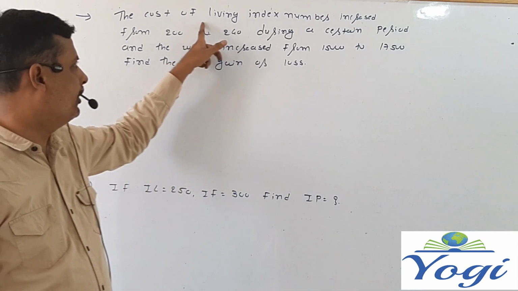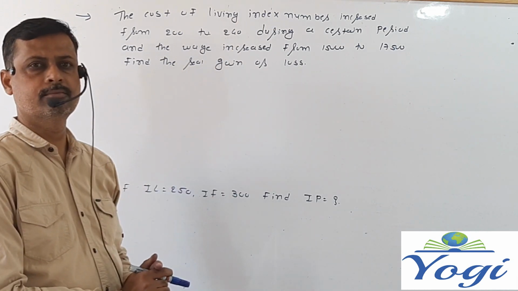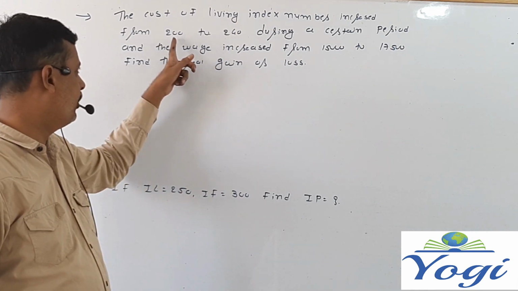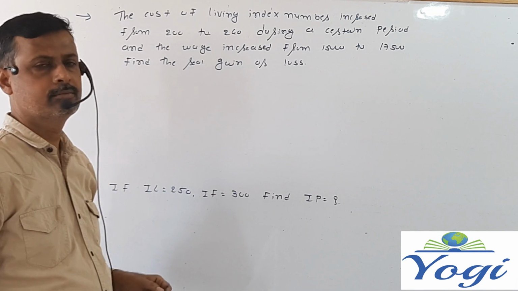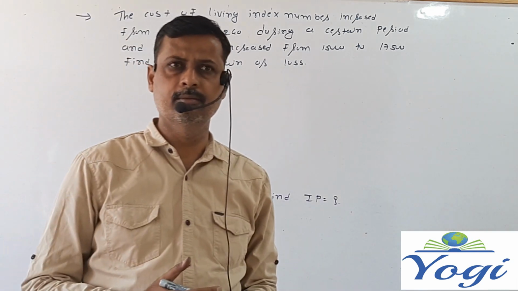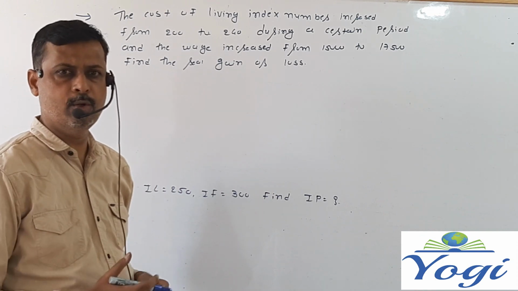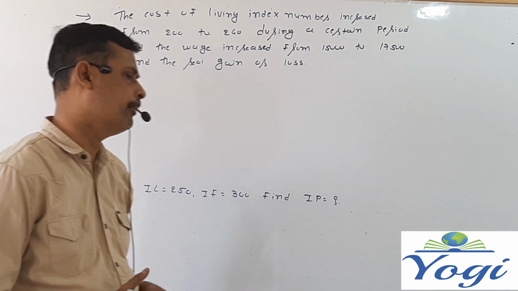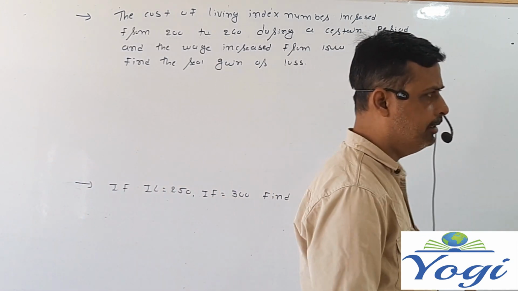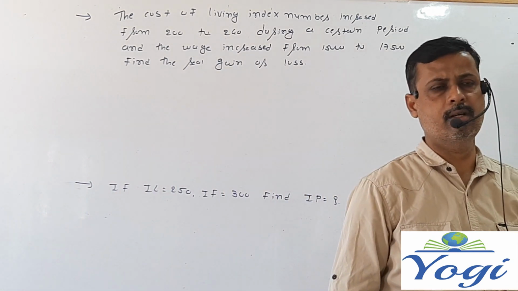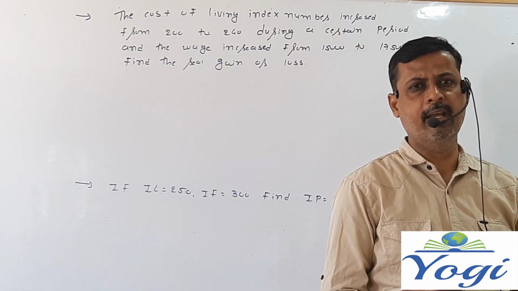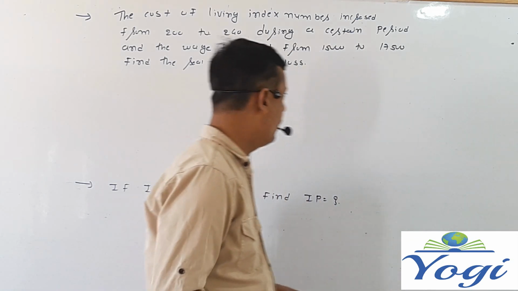So here the cost of living index is given, increased from 200 to 240 during a certain period, and the wage increased from 15,000 to 17,500. Now we have to find whether the worker is making a real gain or loss.